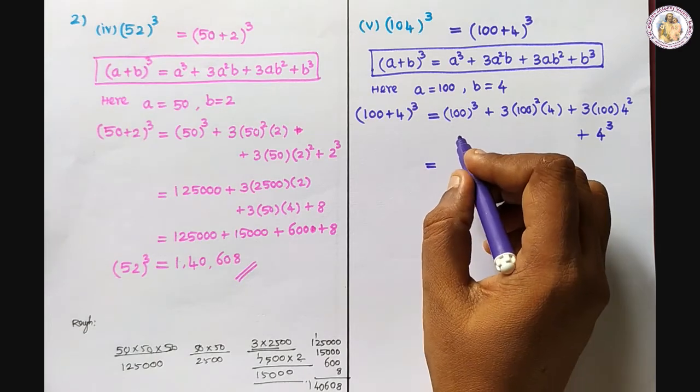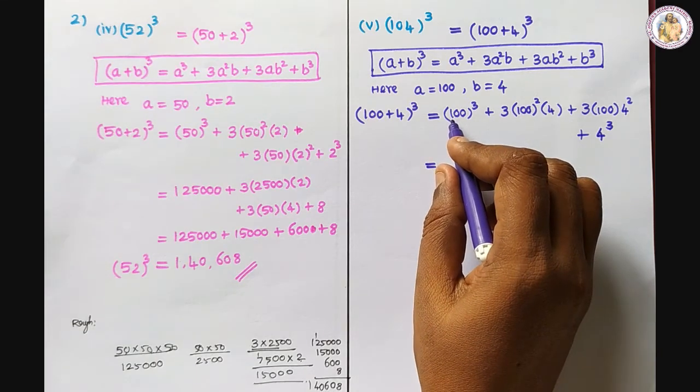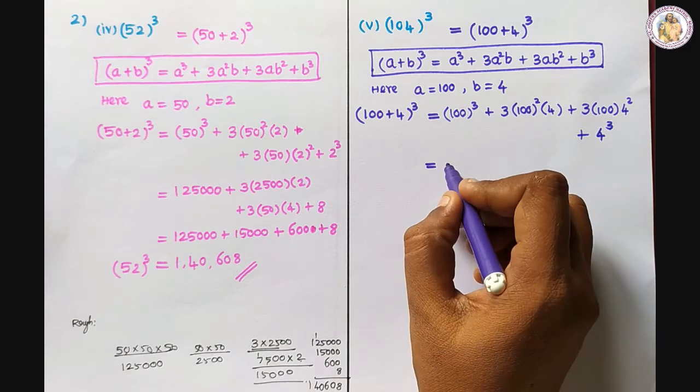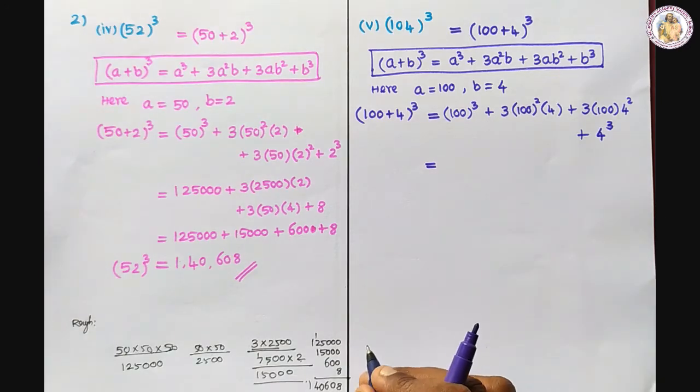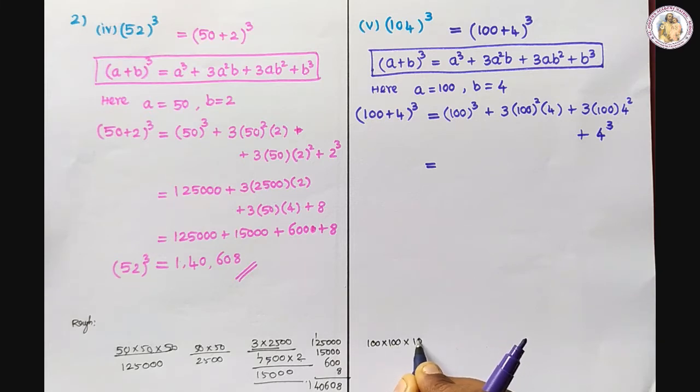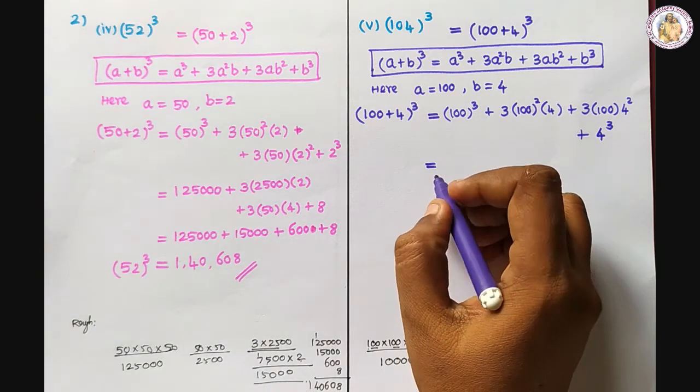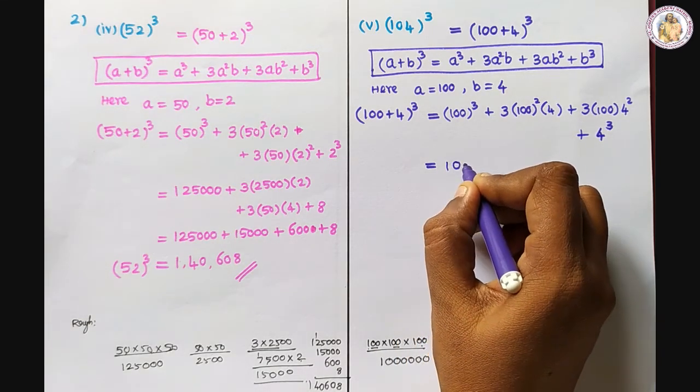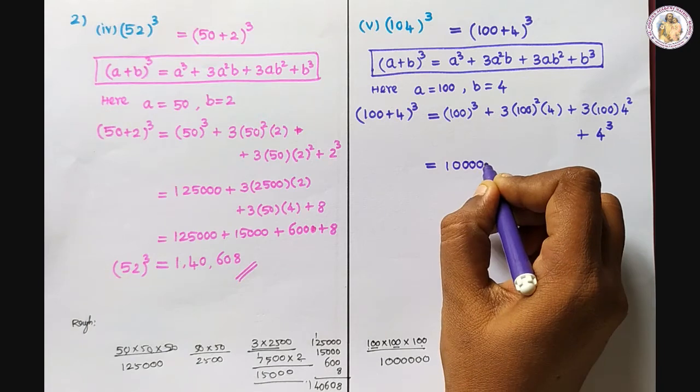Now 100 whole cube, that is 100 into 100 into 100. 1 is 1, 1 is 1. So 1. Here 2 zeros, 2 plus 2 is 4, 4 plus 2 is 6. 6 zeros we have to put here. So 10 lakhs.